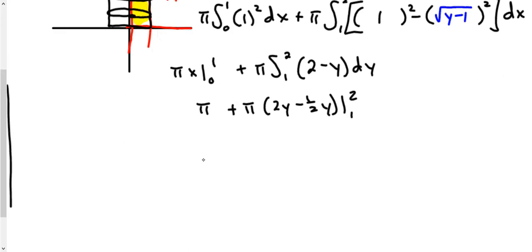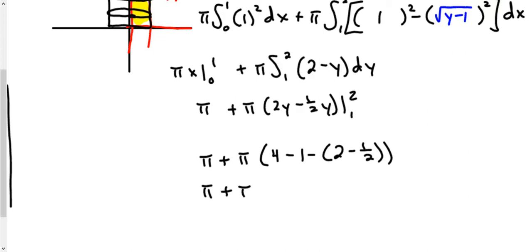So I've got the pi, which was the bottom half of it, plus pi times. Put 2 in there, and I get 4 minus 2 times 1/2 would be 1. And then minus, put 1 in there, I'm going to get 2 minus 1/2. So let's see, I got pi plus pi times 4 minus 1 is going to be 3, minus 2 is going to be 1.